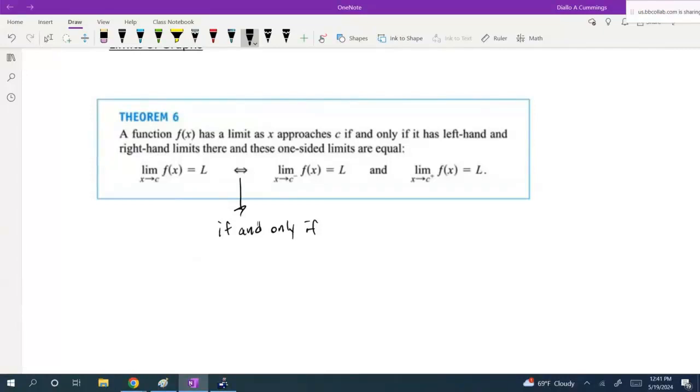What this means is as x approaches some constant from the left, this is the left-hand limit, it also has to approach the same value. And the limit of f of x is equal to L as x approaches C plus. That means as x approaches that constant from the right. So this is the right-hand limit.